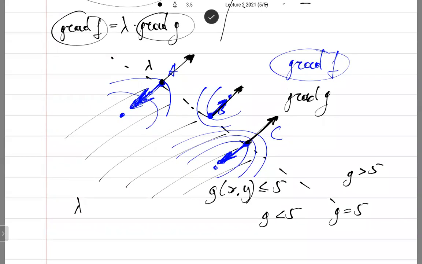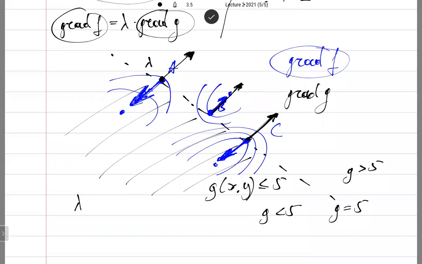Everything is fine because point A, I should exclude it. Point B, I should include it. And point C, I should exclude it. So from this picture, I see that lambda A is negative, lambda B is positive, lambda C is negative.